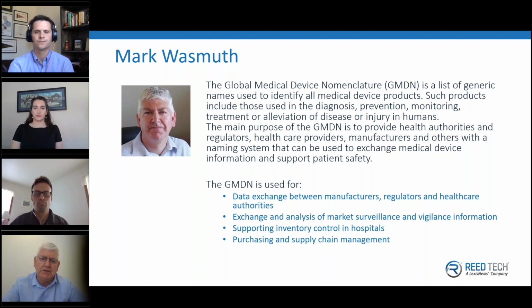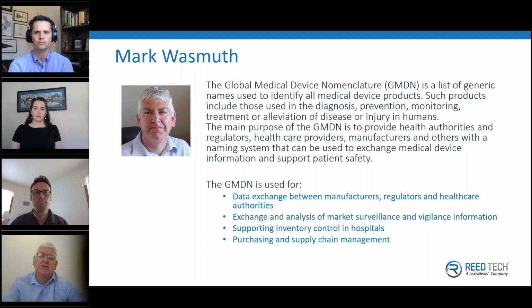Some, like the GMVN, are primarily in a post-market area where we're looking to track characteristics of products to help regulators and medical device users to better understand the use of the device, whether that's by the patient or anything related to post-market.